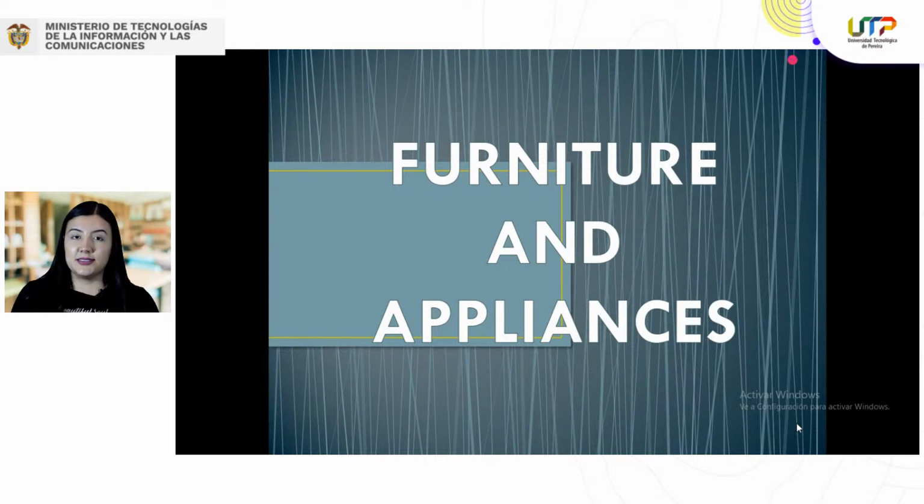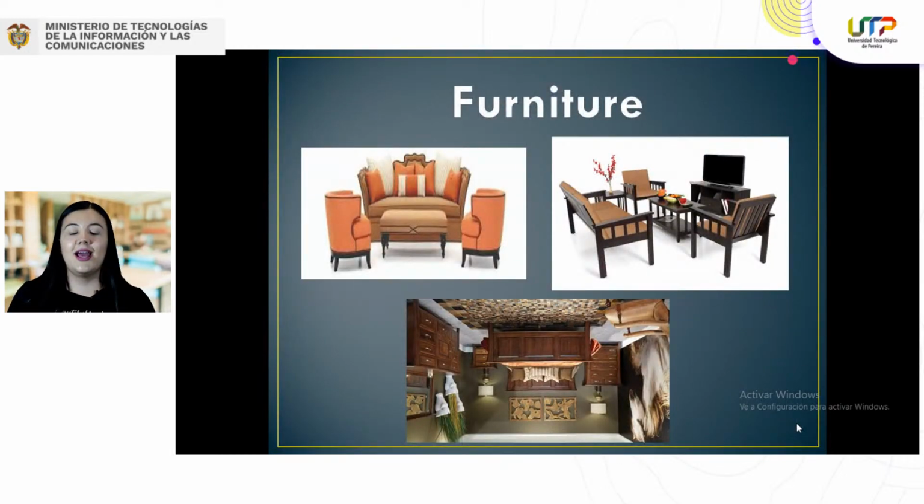Furniture and appliances. Y estas dos palabras tienen una diferencia muy marcada. Y no se las voy a decir hasta que ustedes la puedan identificar en la siguiente imagen. Así que muy atentos, vamos primero con furniture. ¿Qué es furniture? Les voy a mostrar una imagen, ahí pueden ustedes ver todo lo que aparece allí en pantalla, ¿sí?